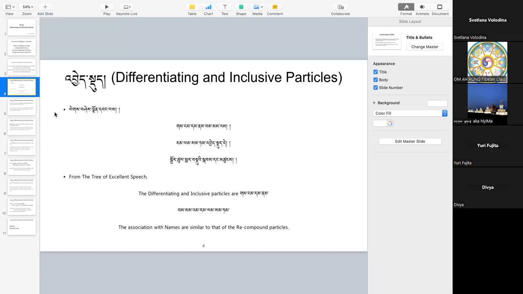Okay, so the first part, introducing the particles: there are 11 particles of the differentiating and inclusive case. Kam, ngam, tham, nam, pam, mam, hum, ram, lam, sam, tam.